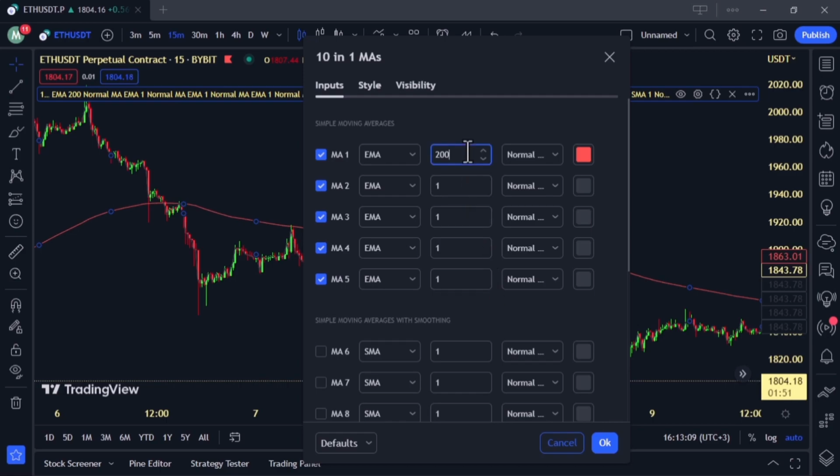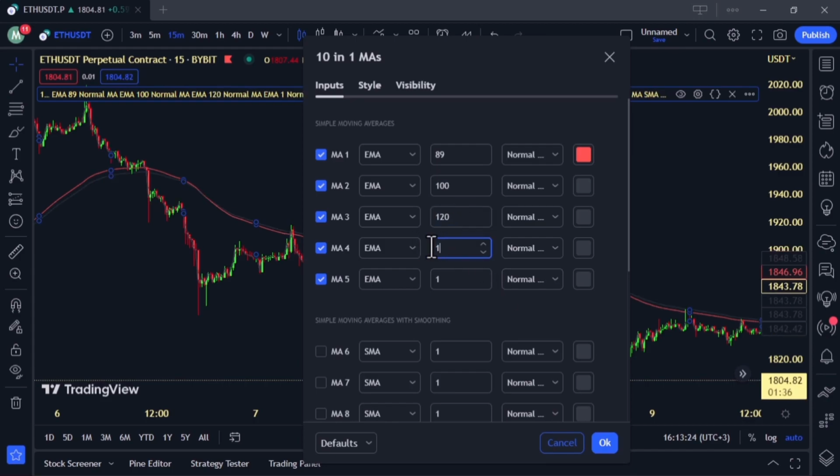So now what I need is to change their lengths. I'm going to put the first one on 89, the second one on 100, the next one on 120, the next one on 150, and the last one on 200. The color of the middle ones doesn't matter that much, but I highly recommend doing it this way.